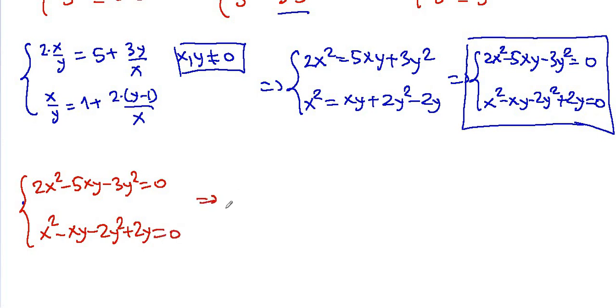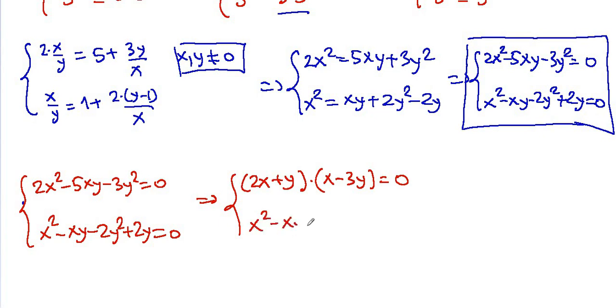Now we have to note that the first equation is factorable, so we can factor it. After factorization we will get 2x plus y times x minus 3y is equal to 0, and x squared minus xy minus 2y squared plus 2y is equal to 0.